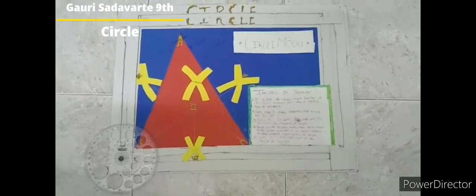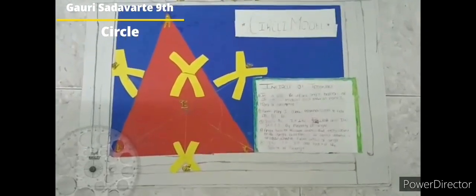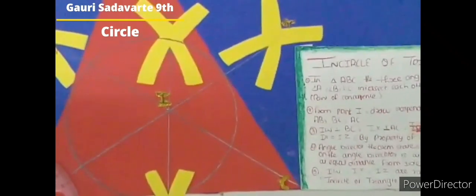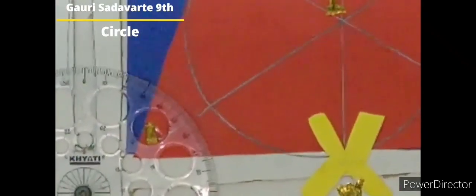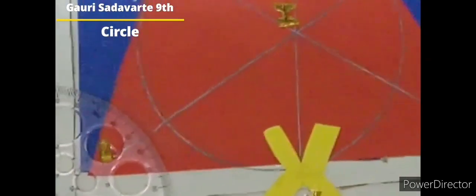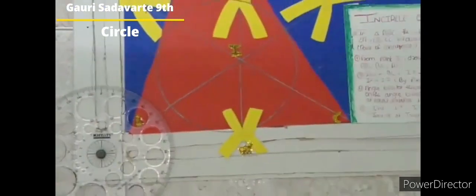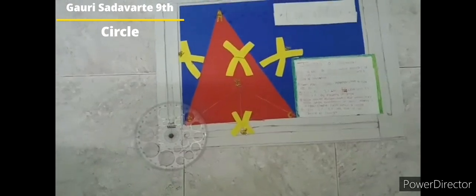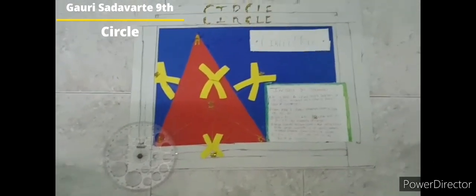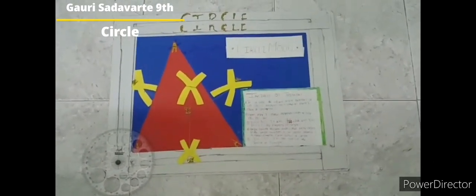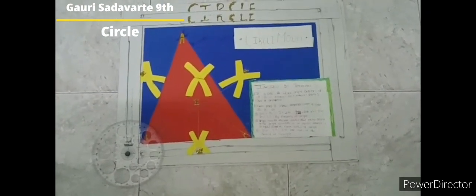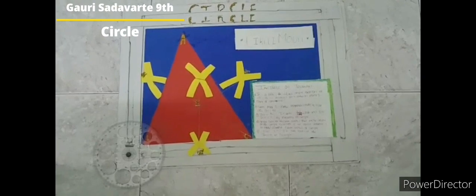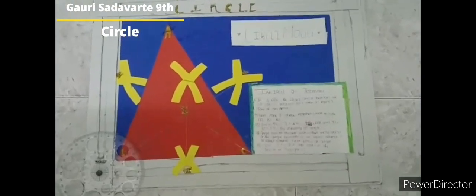There are angle A, angle B and angle C. So angle B is 55 degrees and angle C is 40 degrees. For measuring angles, I have taken a 360 degree protractor and at the bottom I have written all the properties which are here.